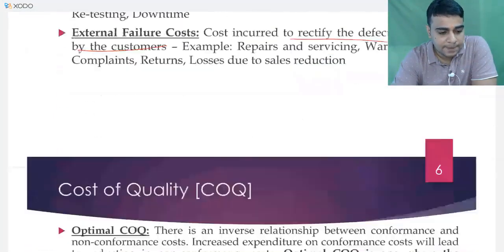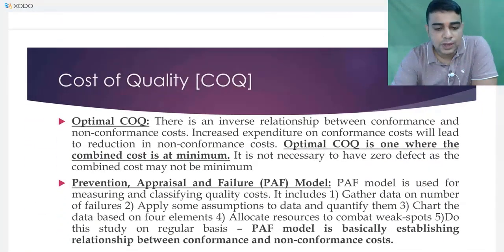This is what I was talking about, something called an optimal COQ. I've already talked about it. What is optimal COQ? Basically the level at which the total of prevention, appraisal, internal and external is the lowest.